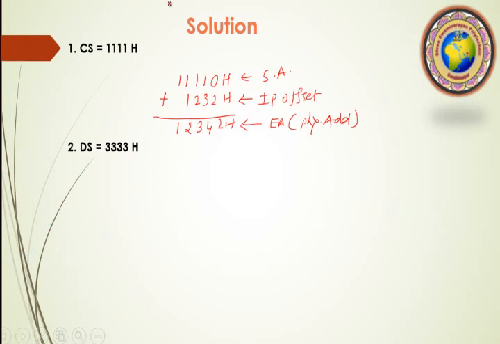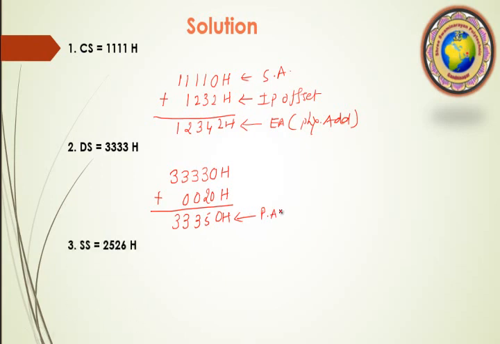As above, we calculate: 3333, add 0H, plus the offset DI value 0020. This gives our final effective address, 33350H, which is our physical or effective address.